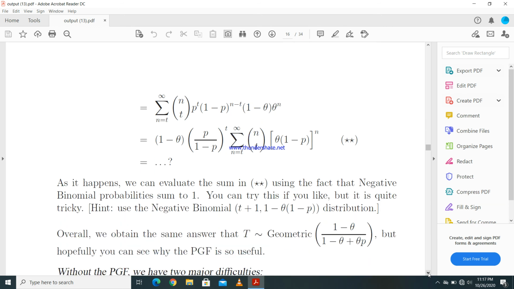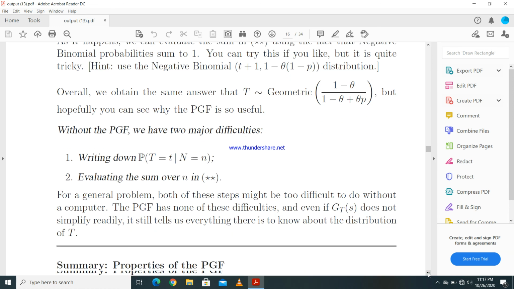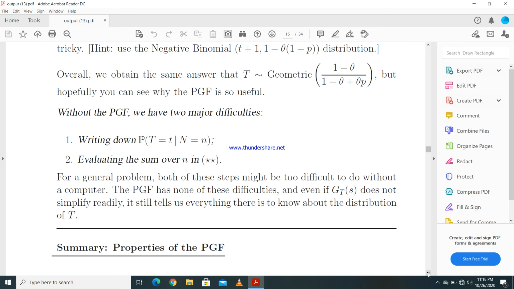You can obtain the same answer, but it's difficult, and sometimes hard to do manually and time consuming. But when you use the probability generating functions, it's very easy to solve. That's why in stochastic processes we use probability generating functions.